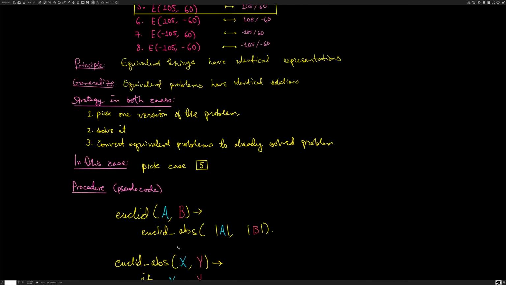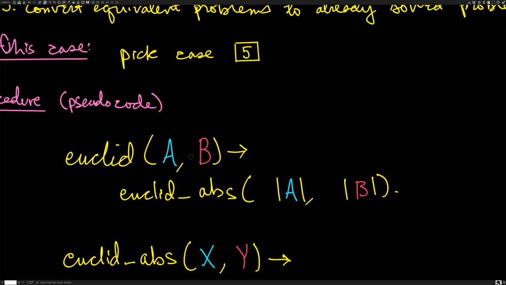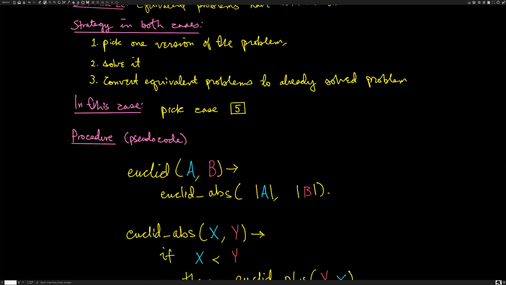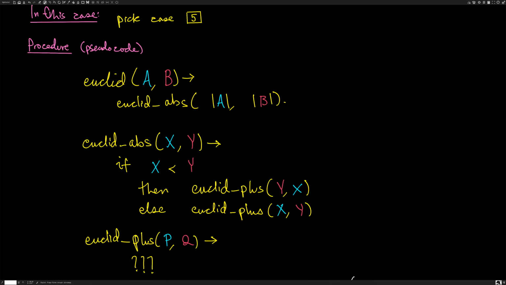So here's our pseudocode procedure. We want the Euclid number of A and B. We're going to call it Euclid abs. So we're going to pass the buck to another function, but we pass it the absolute value of A and the absolute value of B, and that eliminates any sign issues. What Euclid abs does is fix the ordering and then pass the buck to Euclid plus.